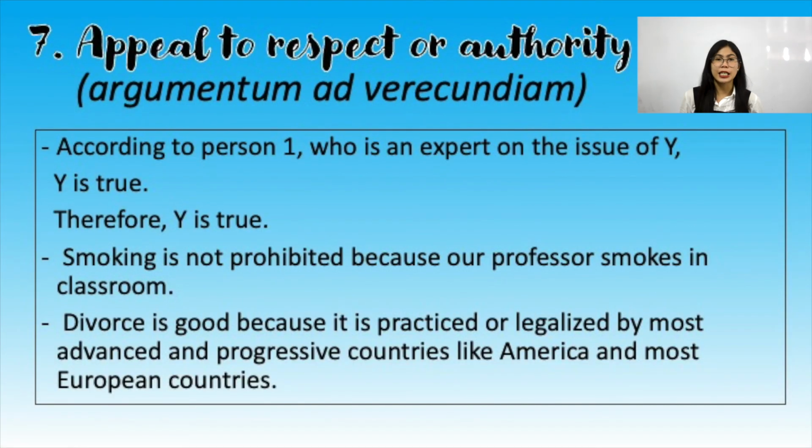Next fallacy is appeal to respect or authority or argumentum ad verecundiam. Here, one makes use of the name of an authority or any prestigious personality to prove his arguments, insisting that a claim is true simply because a valid authority or expert on that issue said it was true, without any supporting evidence offered.